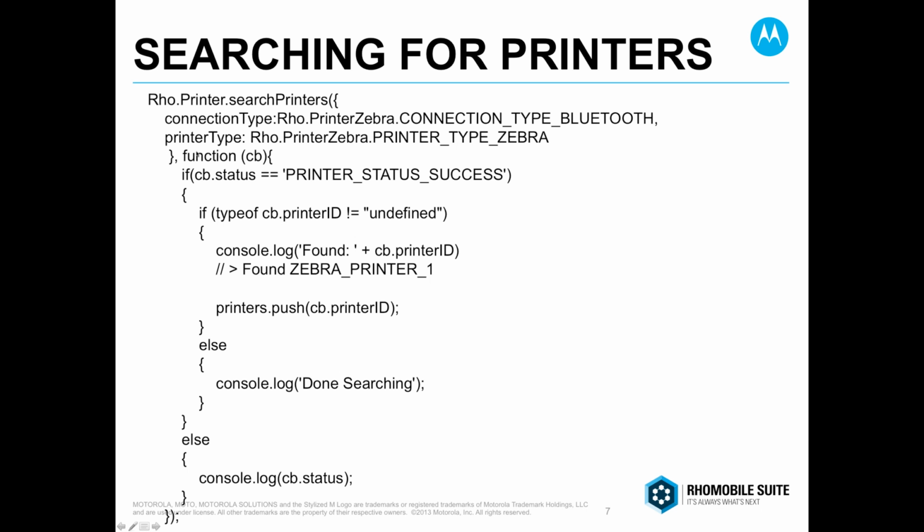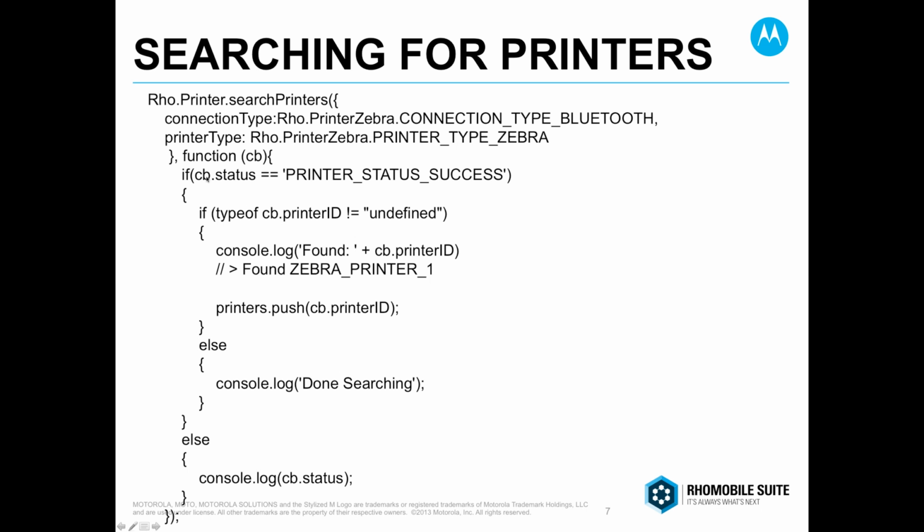So what we're going to do then is give a callback function, and you can see this is the callback function here. In the callback function, we're checking for what the callback status is, and then taking the appropriate action. We're not doing anything really interesting here, just printing the printer ID, but this is where you would do your interesting work.